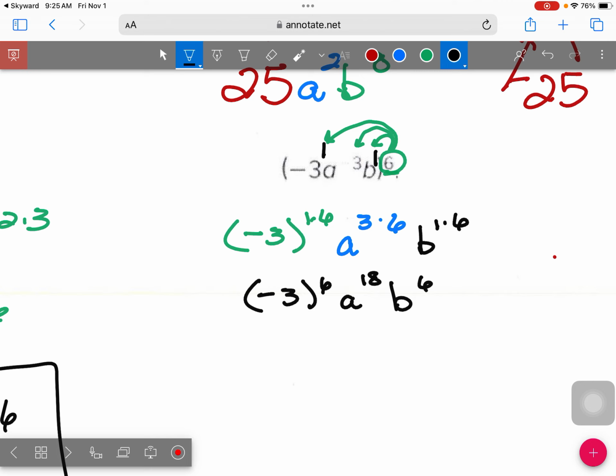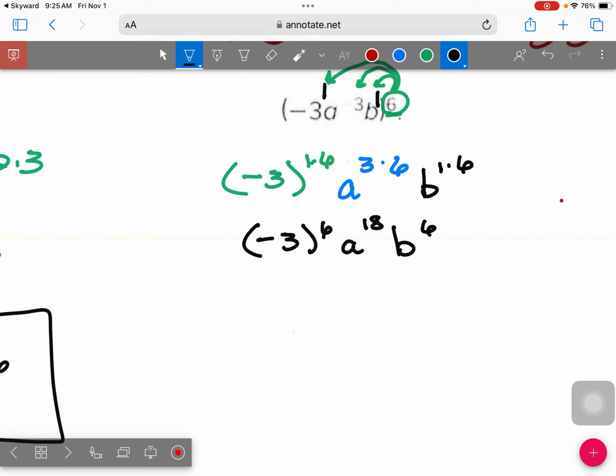What is negative 3 to the 6th power? 729. Is that right? 729? Is it positive or negative? Positive.